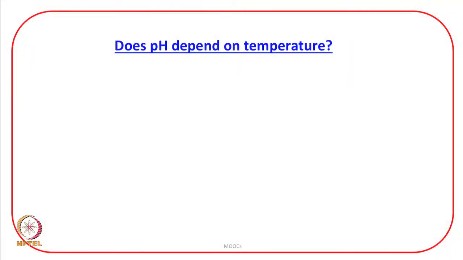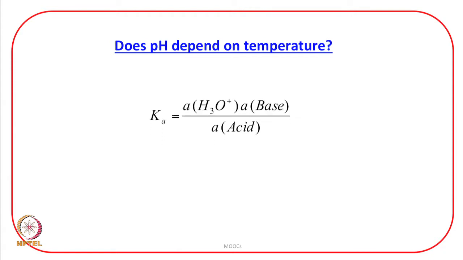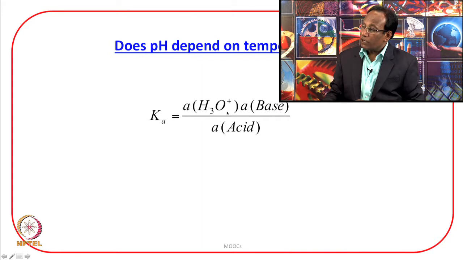The question is, does pH depend upon temperature? For this, we need to take a look at the expression for the acidity constant, which we defined as the activity of hydronium ion times the activity of the base divided by the activity of the acid.